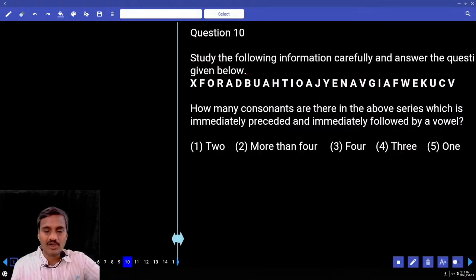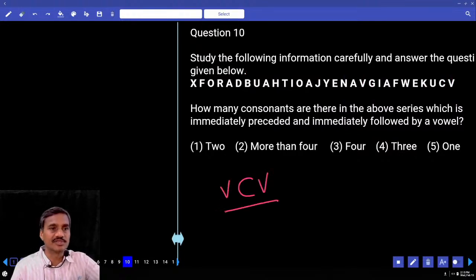And 10th one. How many consonants are there which are immediately preceded and immediately followed by a vowel? Hence vowel, consonant, and vowel. Directly let us start with the vowel. Now O-R-A. O is a vowel, R is a consonant, A is a vowel. And next one. Can you take this vowel here? No. And this vowel is also ruled out.